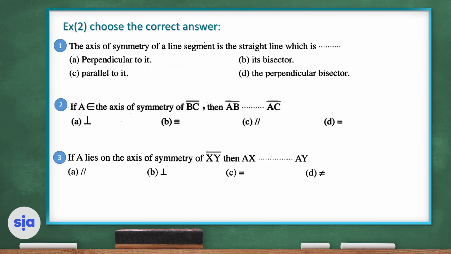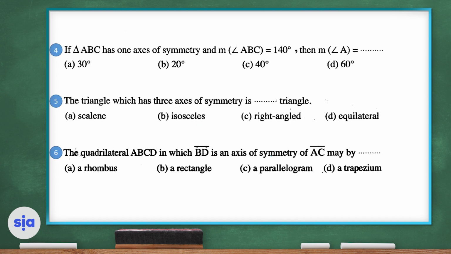Exercise number 2. Choose the correct answer. The axis of symmetry of a line segment is the straight line which is the perpendicular bisector. Question 2. If A belongs to the axis of symmetry of BC, then AB is congruent to AC. If A lies on the axis of symmetry of XY, then AX is equal to AY. Question 4.